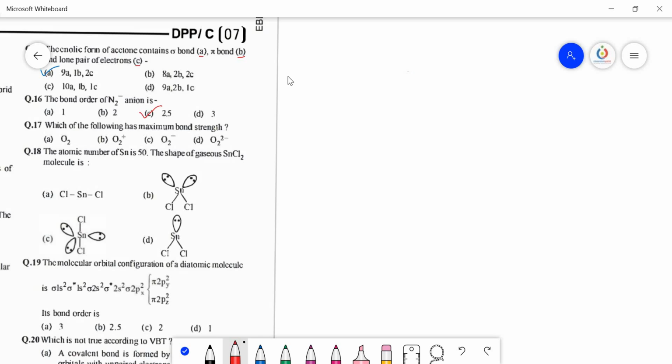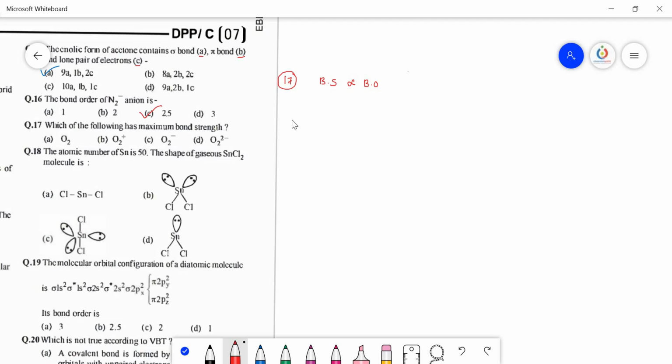Let us solve question number 17, which is a very good and important question. Which of the following has the maximum bond strength? Bond strength is directly proportional to the bond order. When bond order increases, bond strength also increases.